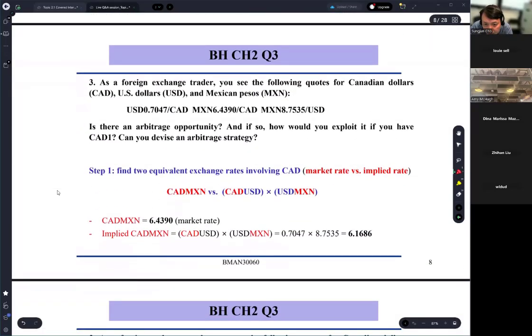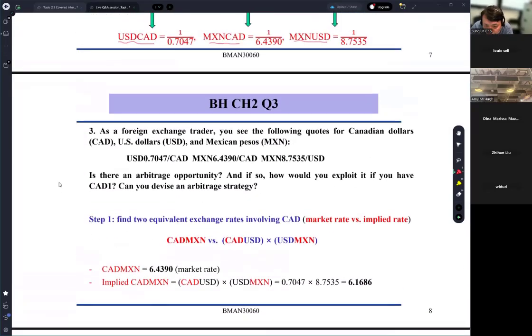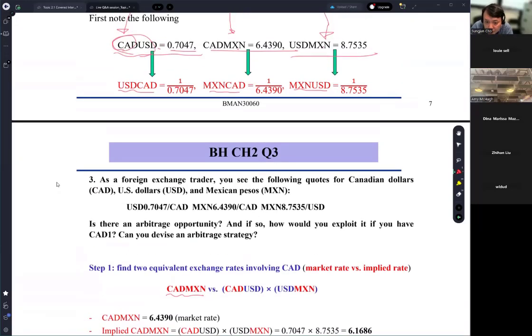For that, we can use other prices, but I'm going to choose this one. I'm going to choose CAD MXN, directly available prices from the market. CAD MXN is given like this, 6.4390.